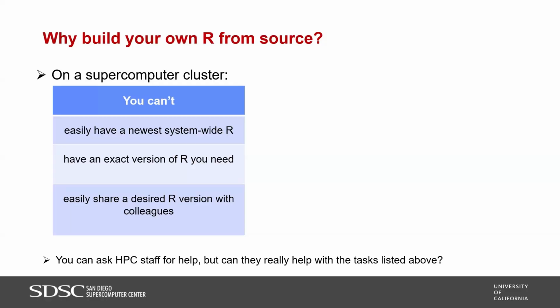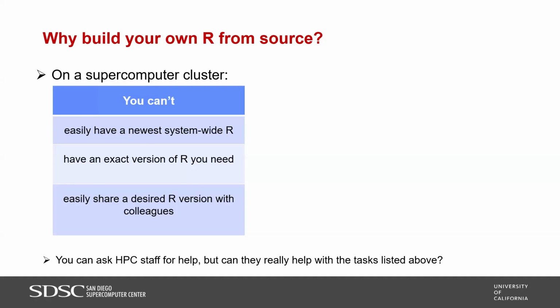Or sometimes you want to keep using the same version of R, maybe you use it for years for your research, and you want to keep the version the same so you can better configure your R packages and maybe get the same performance.